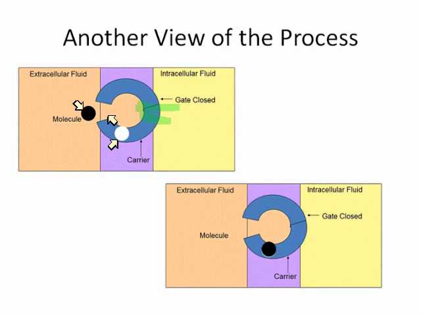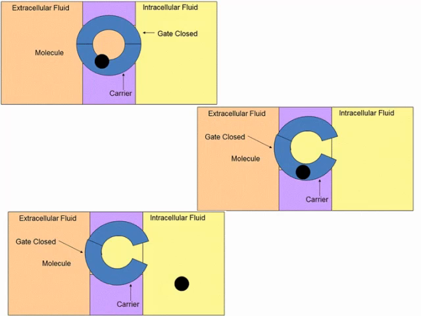Now, let's fast forward. That molecule that is right here does enter in, and it does fit into that binding receptor. And so what ends up happening is the gate closes.